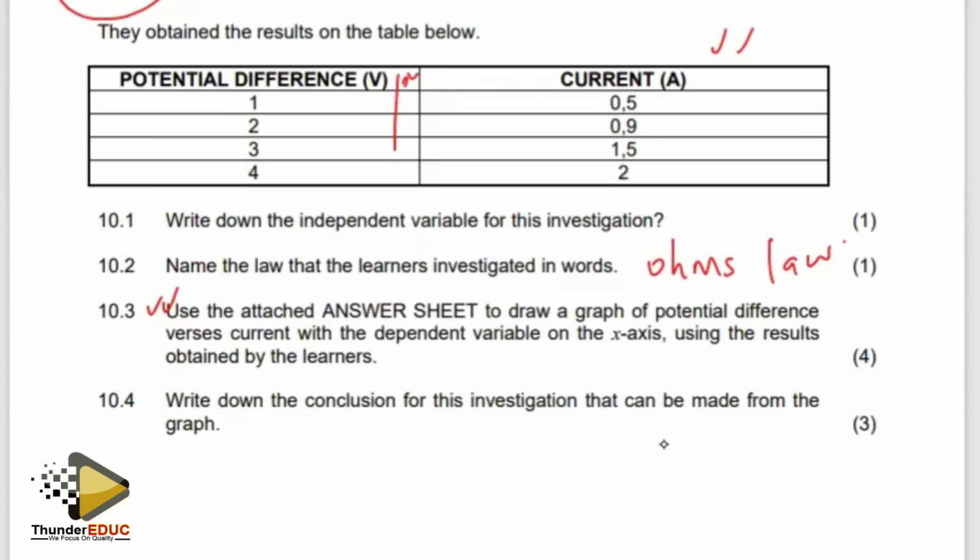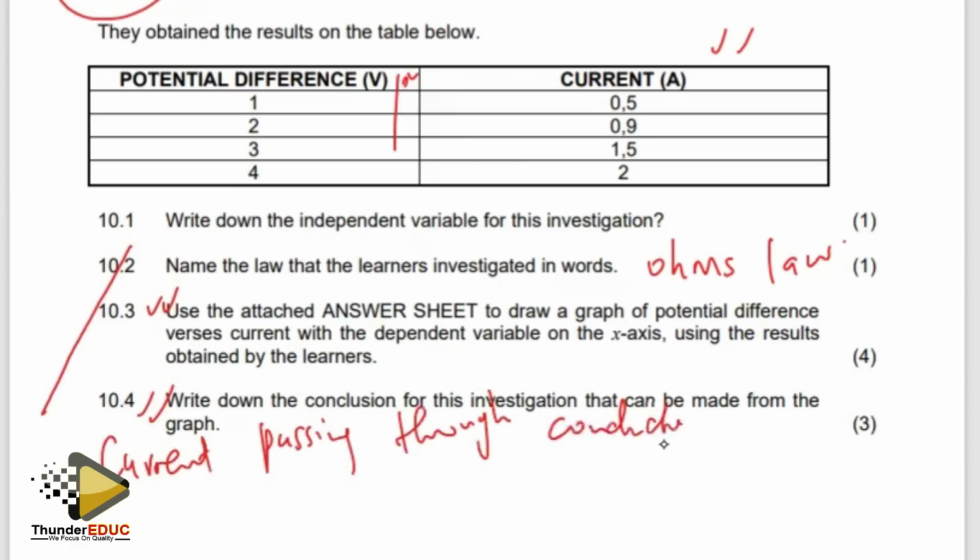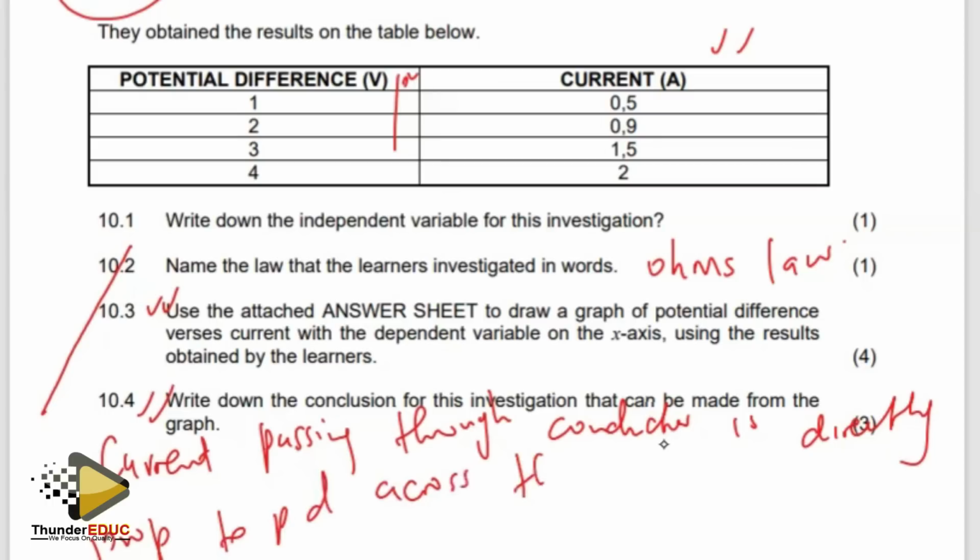So the conclusion in this case, since it's Ohm's law, and the graph that we drew is a straight line, we can state Ohm's law in this case and say that the current that is passing through a conductor is directly proportional to the potential difference across the conductor if the temperature is constant.